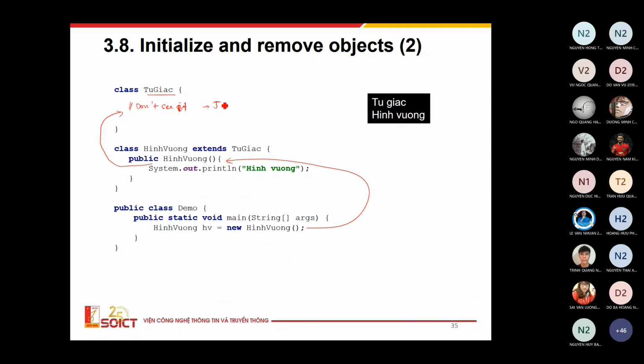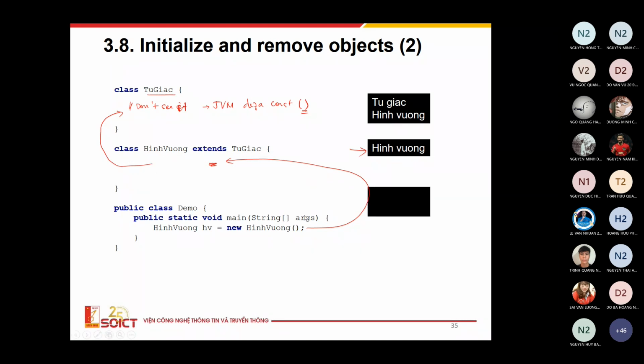The JVM will create the default constructor for you. Okay, and because this has no parameter, the default constructor here has no parameter. And the result prints only hình vuông. Okay, and the same thing when you don't have an explicit constructor, the default constructor is created, and nothing will be printed out. Okay.